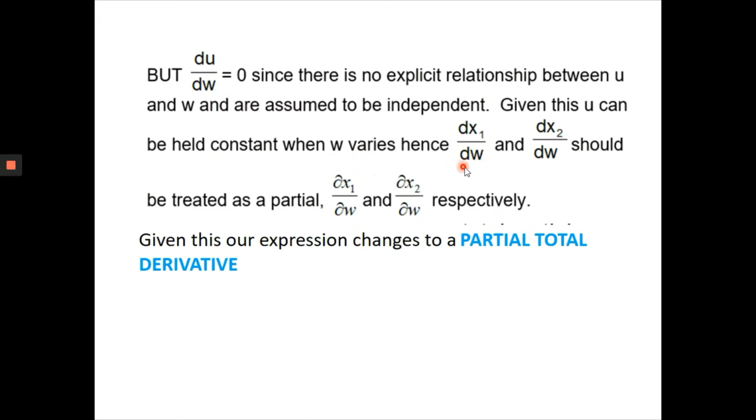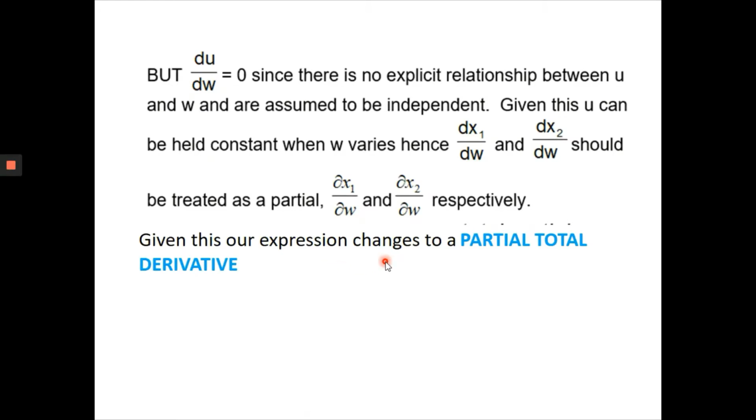And as we said on the previous slide, when we do so, we have to re-express these derivatives using our partial notation, and we have to treat them as a partial, because we saw that x1 is a function of both u and w, so we are partially differentiating with respect to w and holding u constant, and similarly with x2. Okay, so as we said, our expression changes to a partial total derivative.